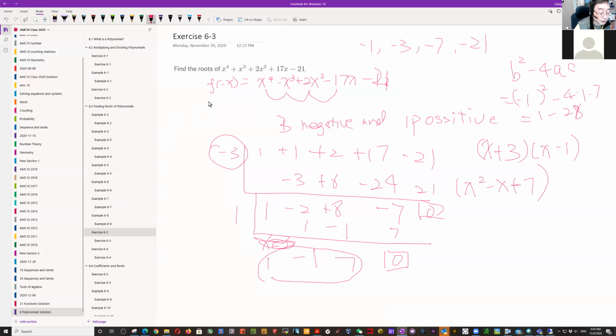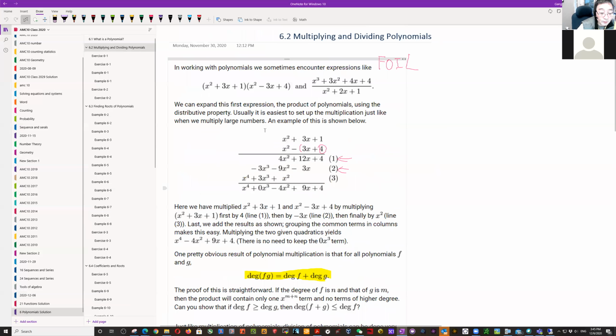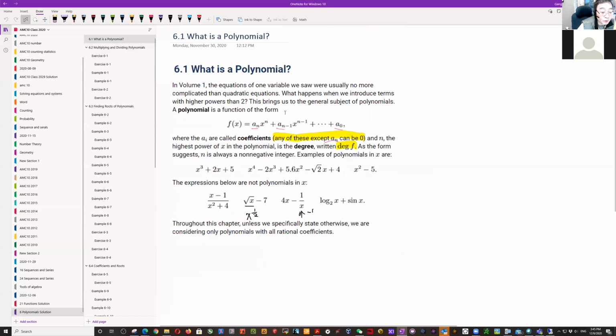So basically, let me do a very small summary. Polynomial is really all the integer sequence, like powers in descending order. And if you are missing one, you should add a zero coefficient.